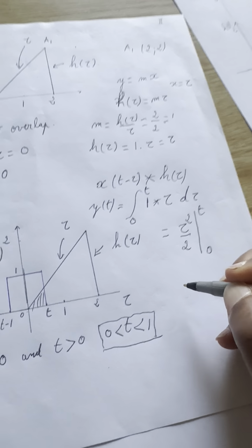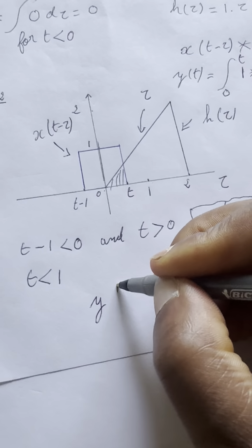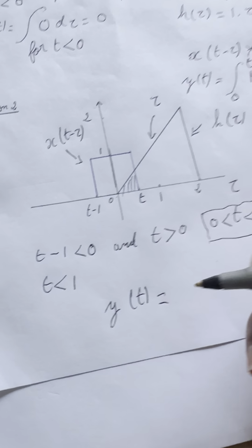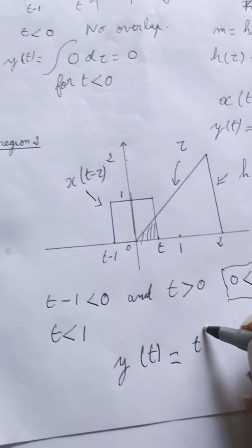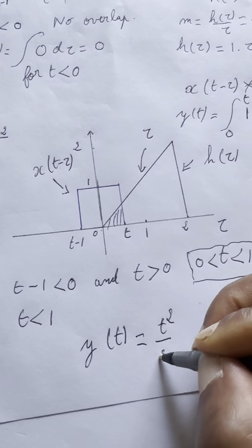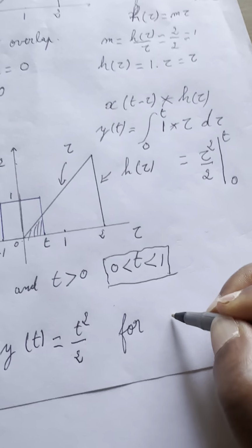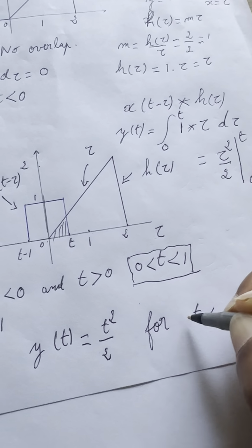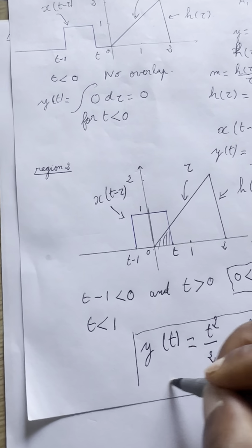So let me write down here: y(t) equals, here you replace by t, t squared by 2, for t between 0 and 1. Okay.